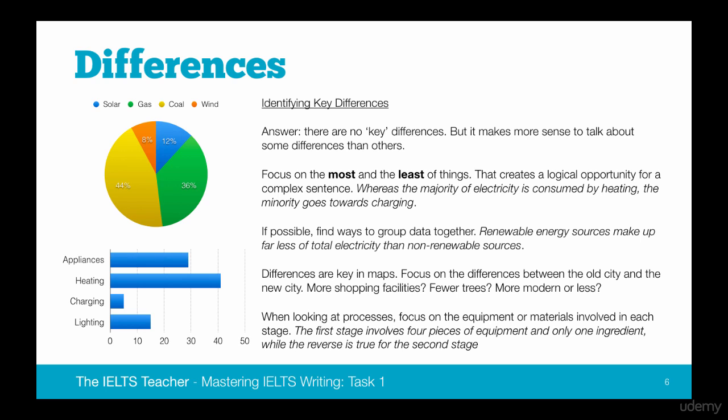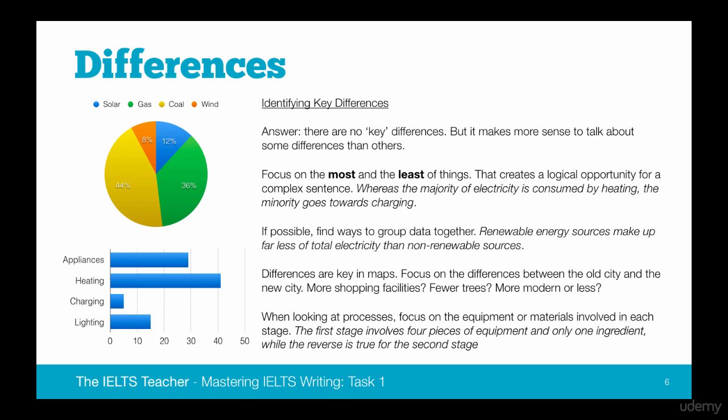Here we want to focus on the most and the least of things. This also creates a logical opportunity for a complex sentence, improving our grammar score. You can see the example here. Whereas the majority of electricity is consumed by heating, the minority goes towards charging. If possible, find ways to group data together.